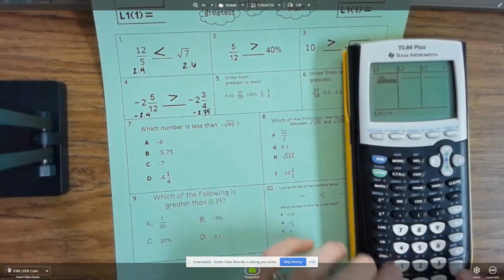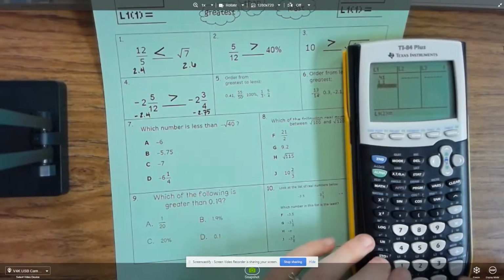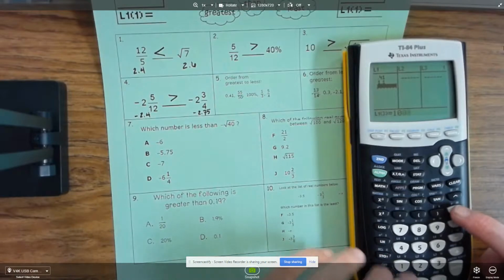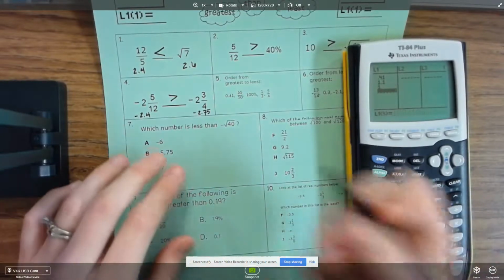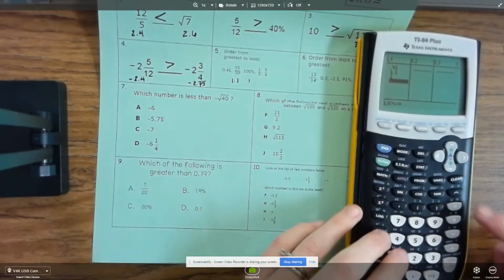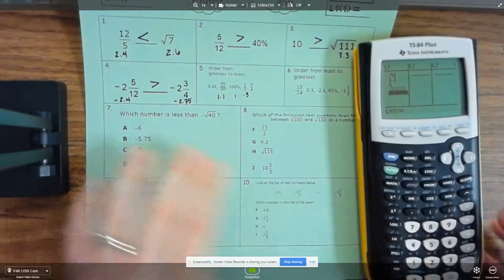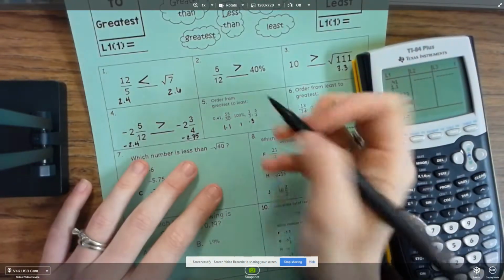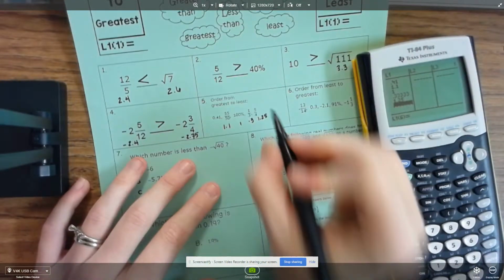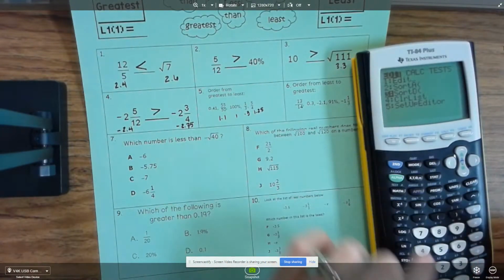All right, this one says order from least to greatest. So we've got 0.41, 55 over 50, 100%, so that would be 100 over 100. Again, make sure you're writing down what they changed to. 1/3 is 0.3, and then 5/4 is 1.25. It says greatest to least this time, so we need to do descending.